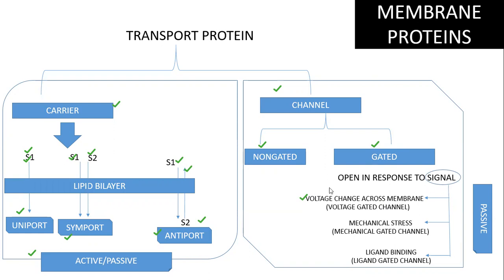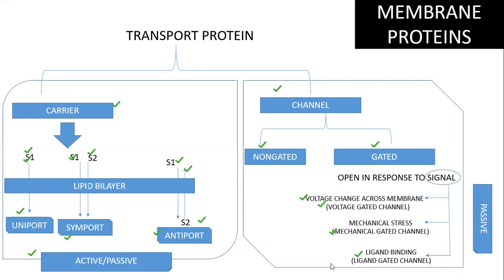That type of channel protein is called voltage gated channel protein. Now, if some sort of mechanical stress is present, then the gate will open. That is called mechanical gated channel. And sometimes if a ligand binds with the receptors present in the gated protein, the gate will open and allow the solute to be transported inside. That is called ligand gated channel.